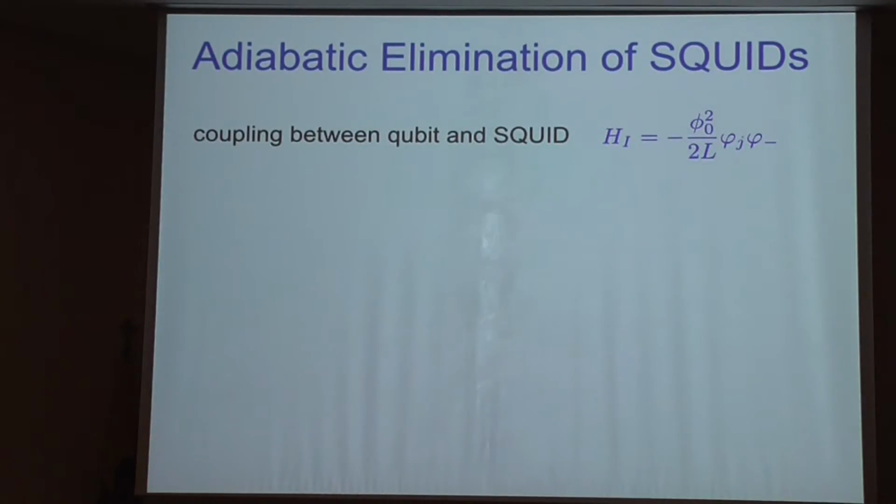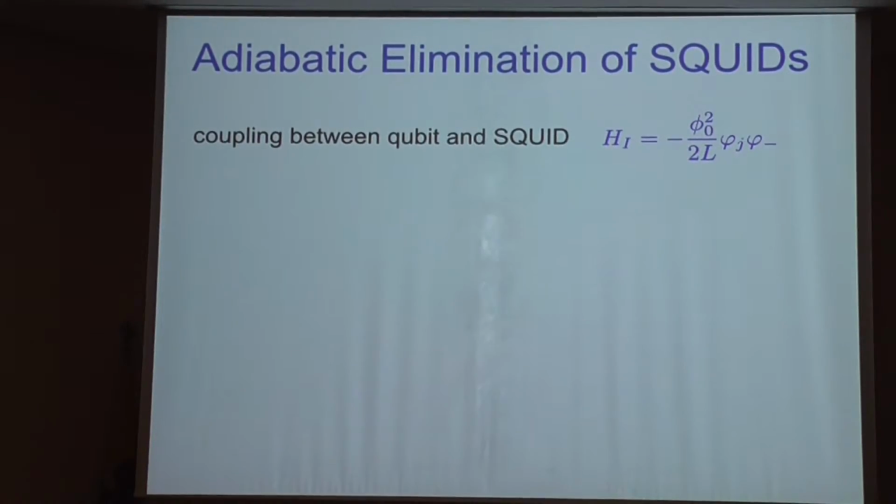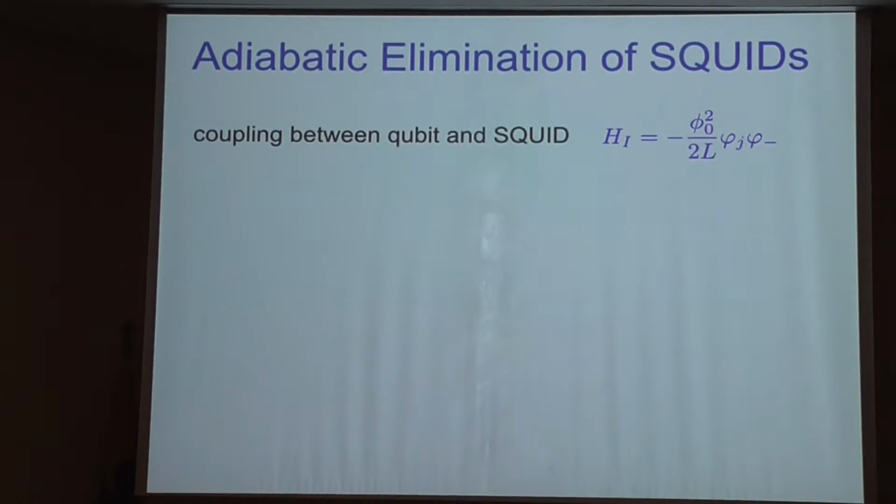To make it a bit more technical, how do we derive this? What I just sketched needs an adiabatic elimination of the squid. The coupling between the qubit and the squid, as I introduced it before, is this product of the two phases, so you can think of it as a position-position coupling.